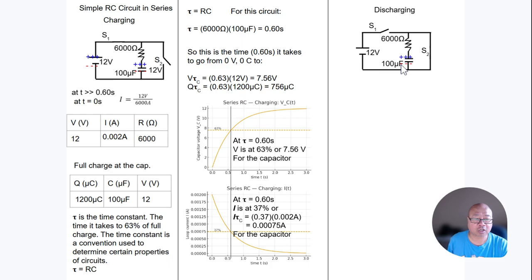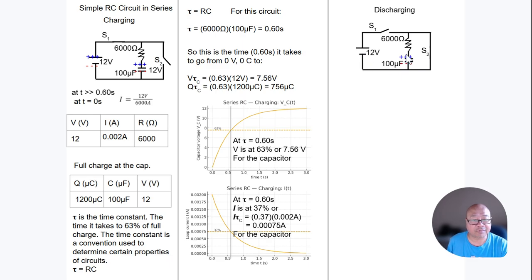When we discharge the circuit, let me back up a little bit. We're going to open this S1 switch and we're going to close this S2 switch. Now the battery is out of the circuit, so this side of the circuit doesn't have a current.